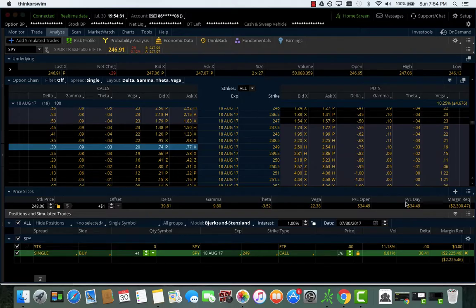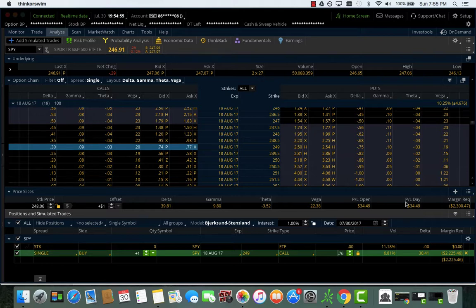Now that's interesting. Remember, delta measures the predicted price movement of an option per every $1 move in the underlying stock, right? So 30 delta pretty much says, all else being equal and nothing else changing, if SPY goes up $1, that 249 call option is going to be worth about 30 cents more. So that's really awesome, right? Now, what else goes up that much money if SPY goes up $1?